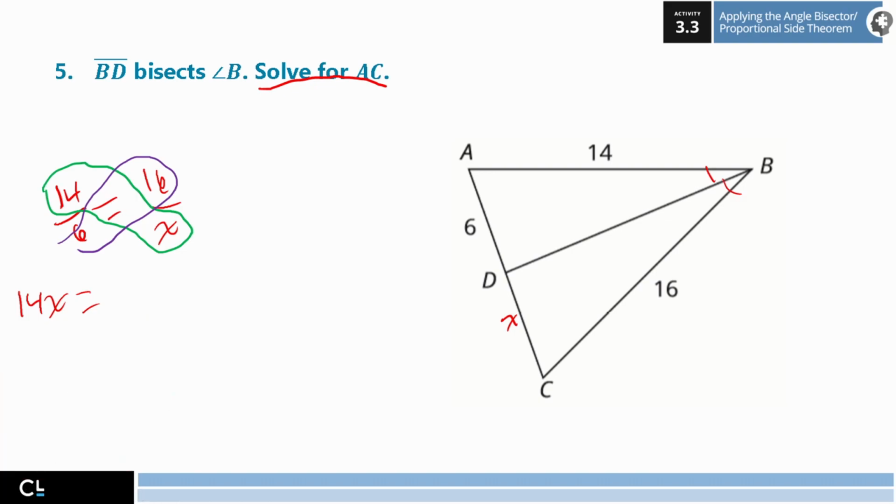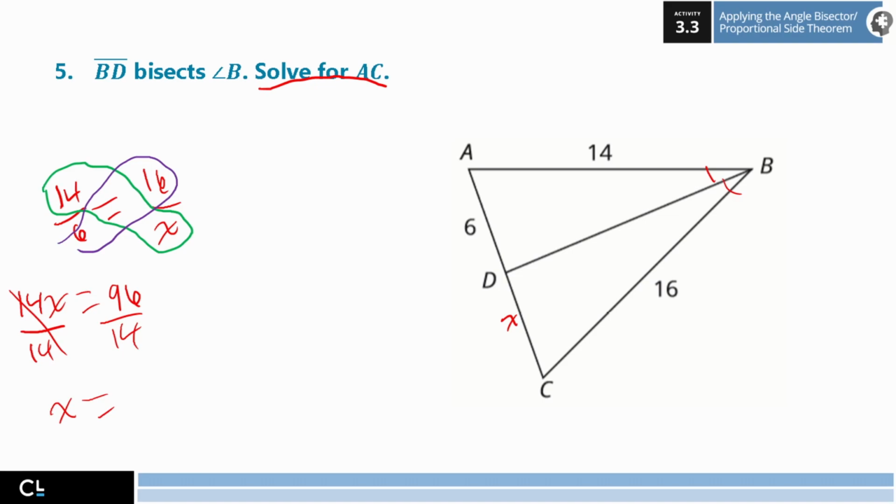calculator, help me out here. 96. And then we just divide by 14. Divide by 14. Boom, cancels there. And we get x equals, what a gross number.